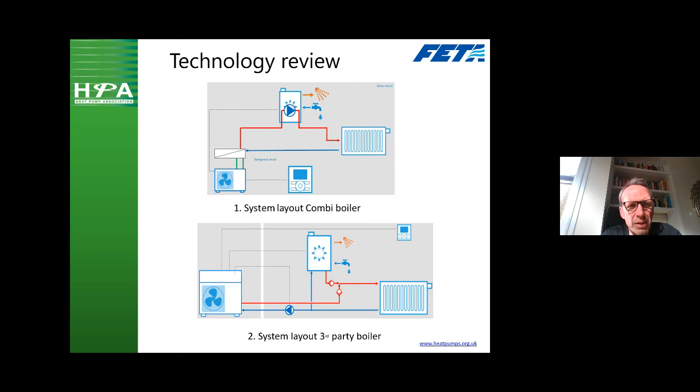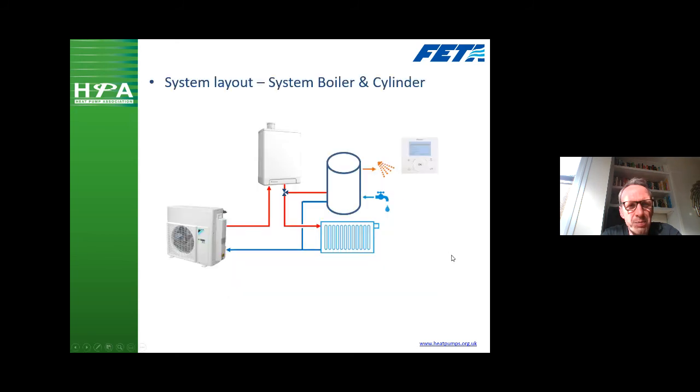And then finally, Sam, if you click on one slide, we can also, in some instances, use a hybrid system as a system boiler setup. So if we need additional hot water, as many of you house builders do in the bigger properties, and a combi boiler isn't enough to supply the hot water we need, we can add a cylinder, and then we can use the boiler and the heat pump in the same way, but we can either use the boiler to heat the hot water, or we can supplement the hot water heating by using the hybrid heat pump.